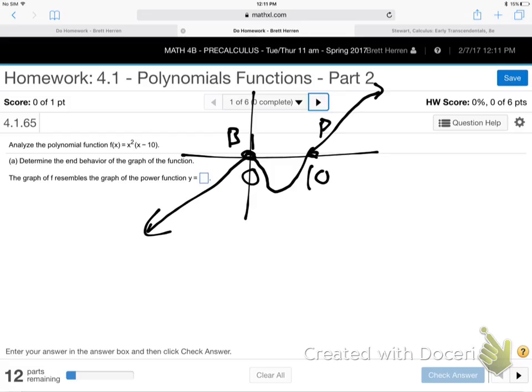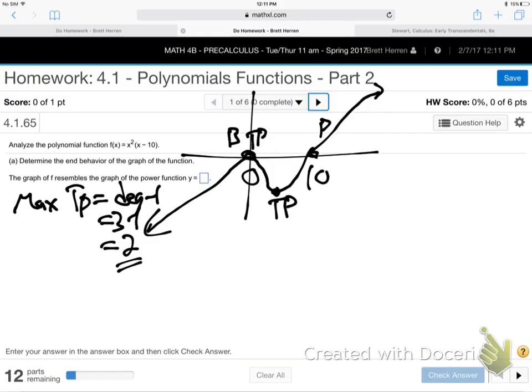This is a TP, a turning point, and this is a TP, a turning point. And that's all the turning points, huh? Because this graph's max turning points is the degree minus 1, so it's 3 minus 1, it's 2. 2 turning points maximum. We've got them. 2 TPs. Boom, boom. Right?